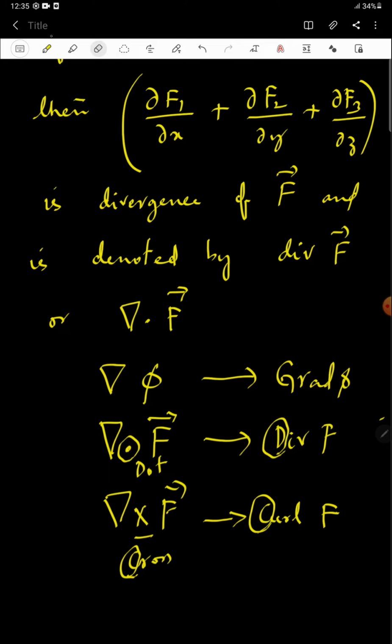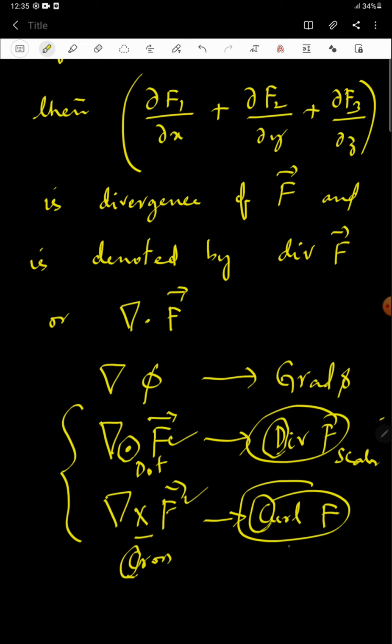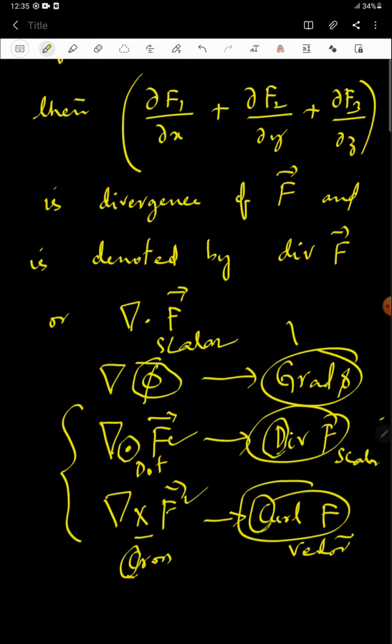These two are calculated for vectors, but the output is a scalar here and a vector there, whereas in the case of gradient the input is a scalar and the output is a vector.